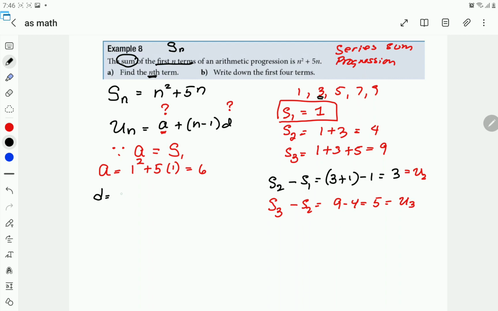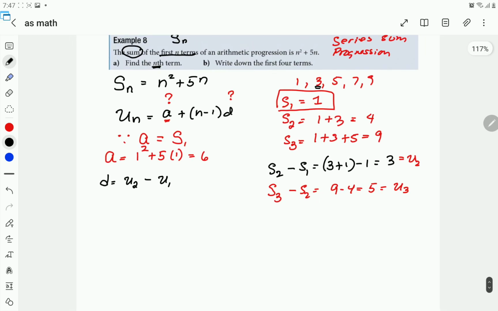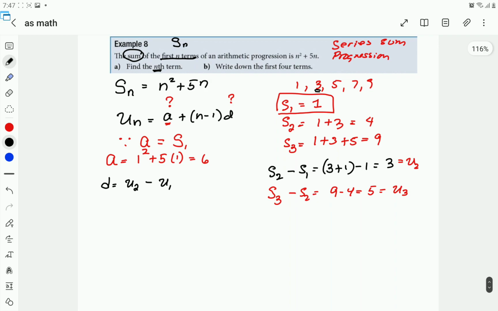The d is the second term minus the first term. But the problem is we don't know the second term. How shall we find it? The second term is equal to the sum of 2 minus the sum of 1.